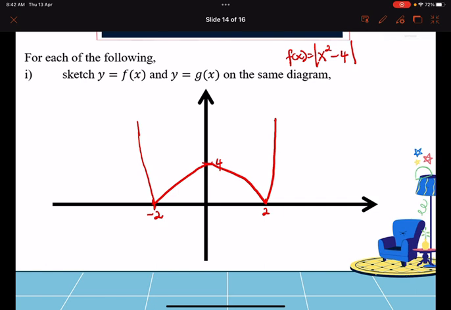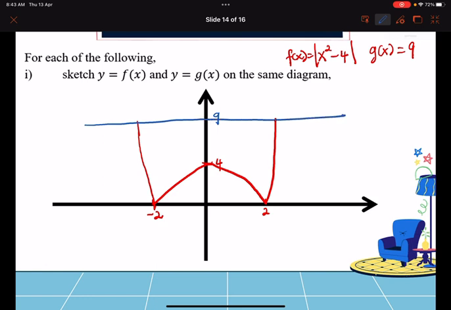Now, let's sketch g(x) equals 9. g(x) equals 9 is just a horizontal line intersecting at y equals 9. So you just need to draw the straight line.